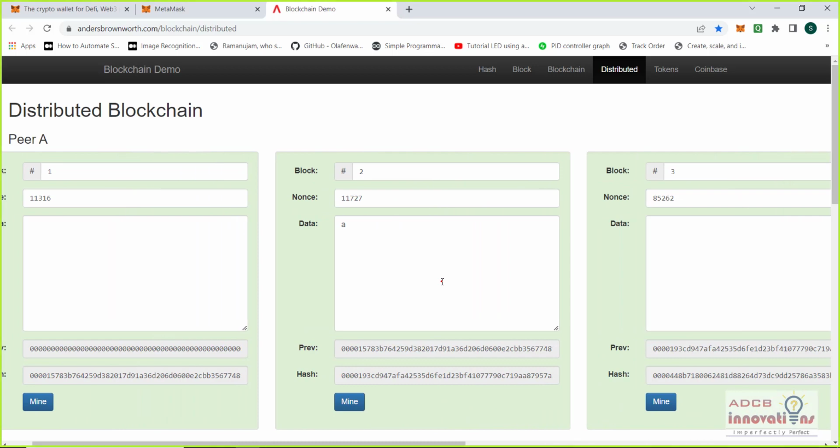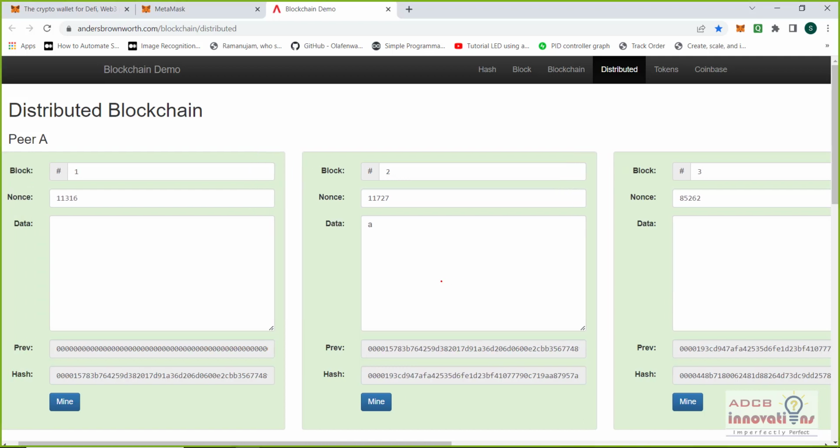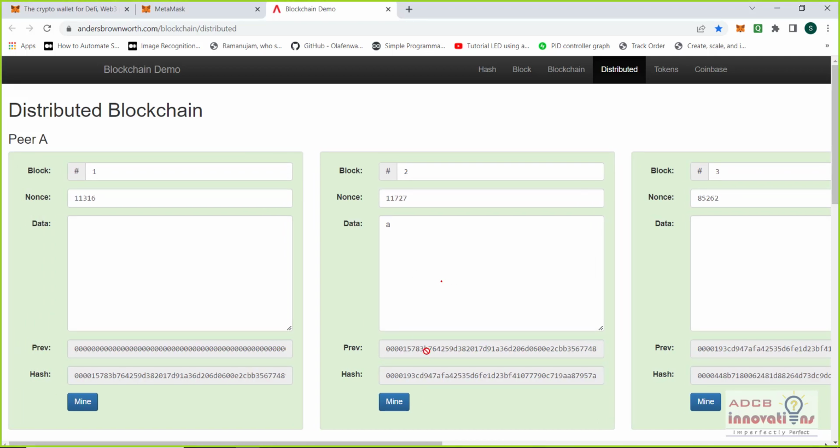One thing I need to tell you: if you have noticed while mining, before changing the data, there was this kind of hash. But when I changed the data, some other hash appeared, and after mining, another hash appeared. So you can see here, when there is A written in this data, there is this hash.